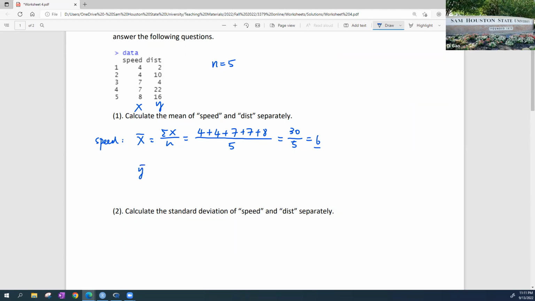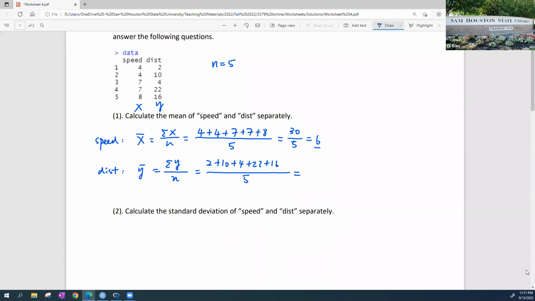What about y bar, the mean of distance? That's sum of y over n. So we have 2 plus 10 plus 4 plus 22 plus 16 divided by 5.